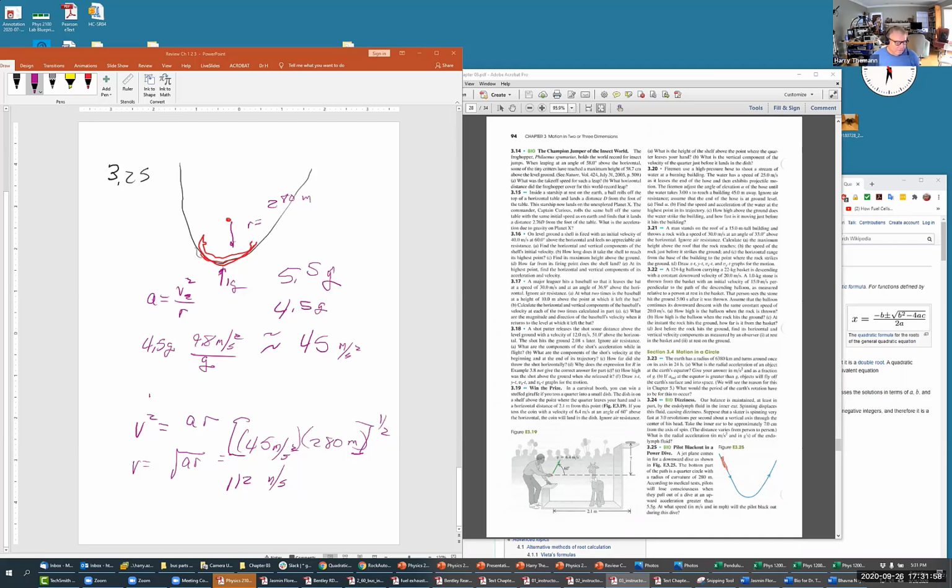So plugging in 5.5 G when you're not in outer space would only work if you were in a horizontal, like flying in a circle, sort of. But if you're doing a dive and pulling out of the dive, then you have to add in gravity.